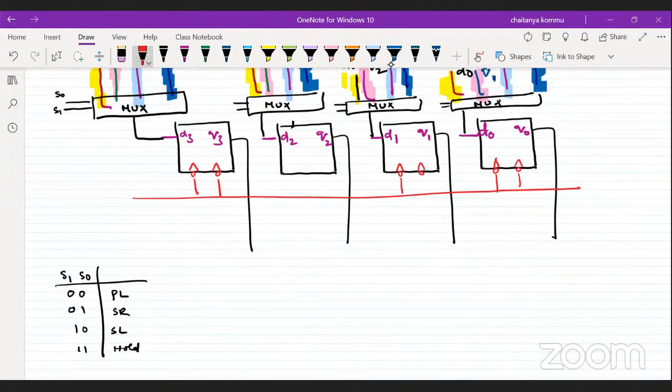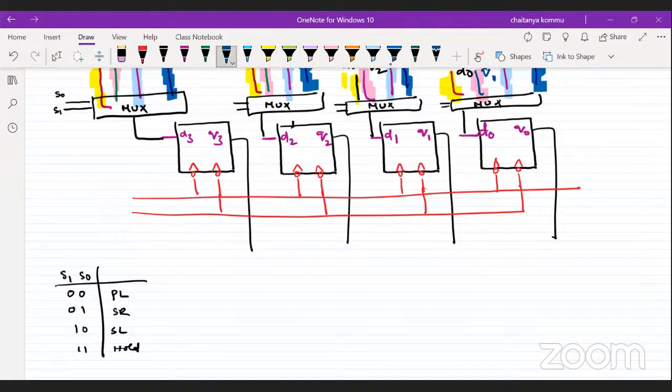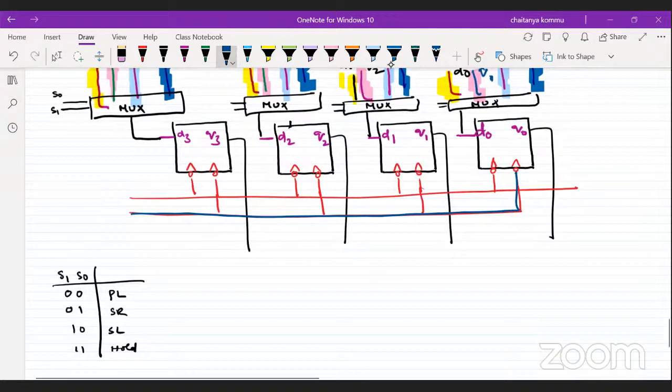So please try to write the structural modeling for this structure. Please try to write RST, or a clock signal.